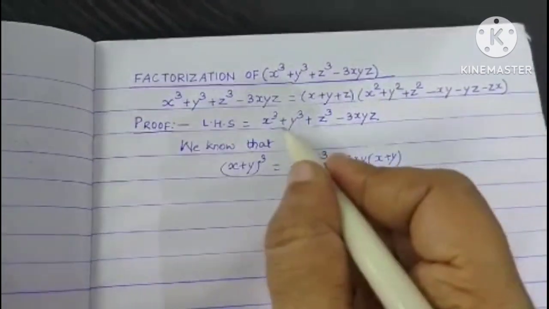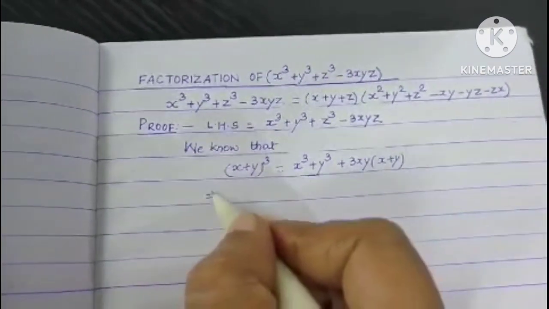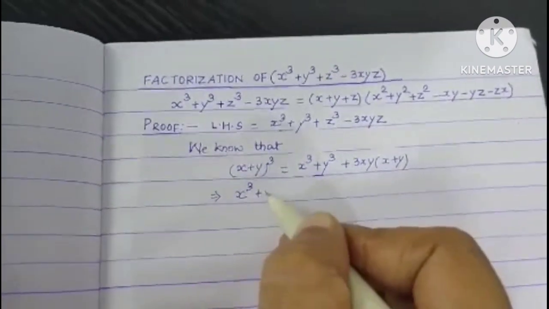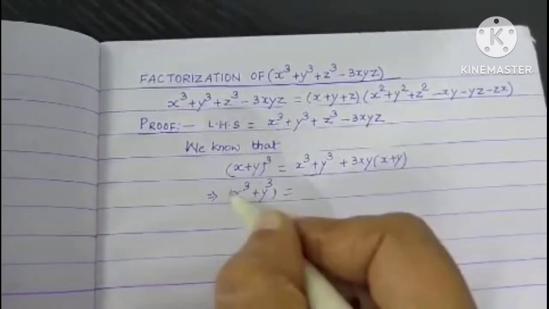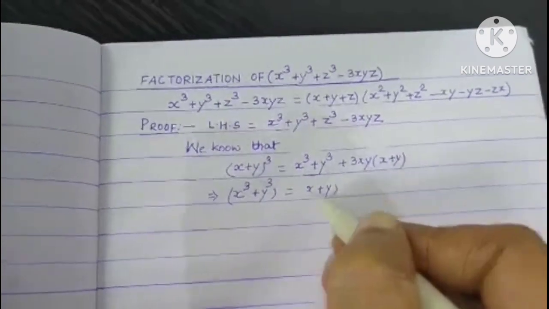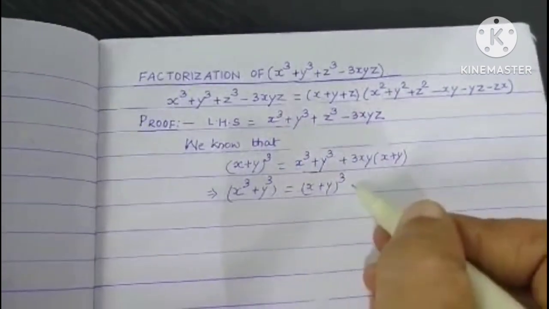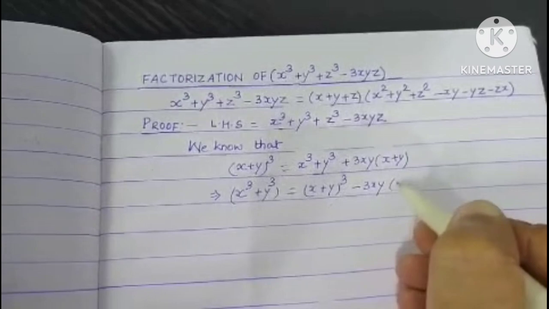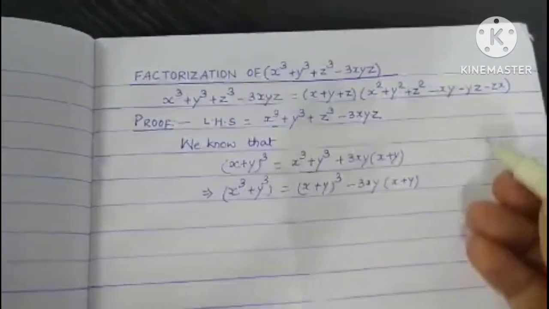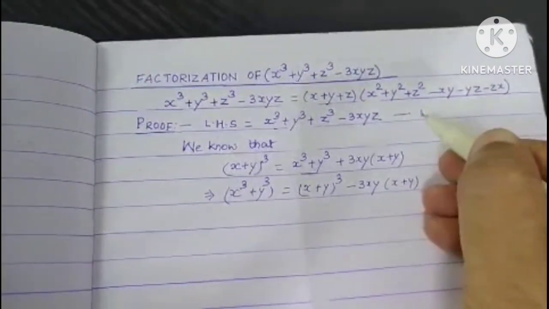So this implies x cube plus y cube is equal to x plus y whole cube minus 3xy into x plus y. Now let us take this as equation 1.